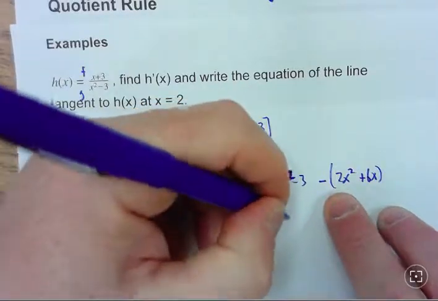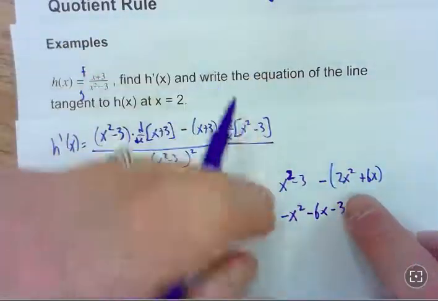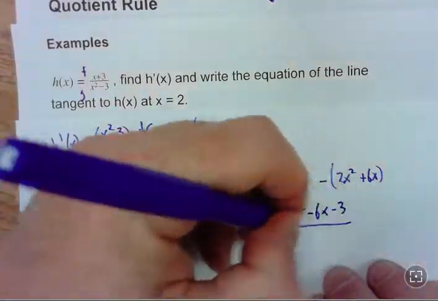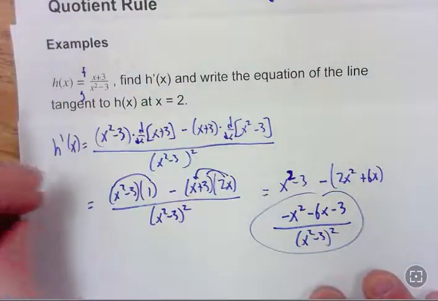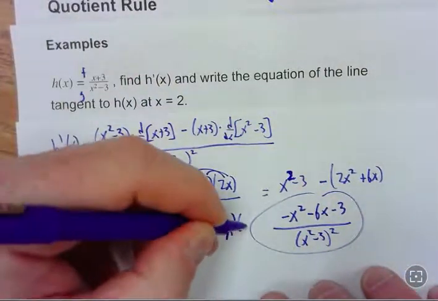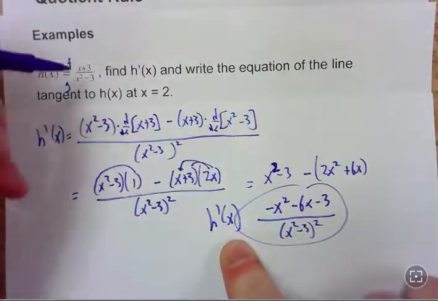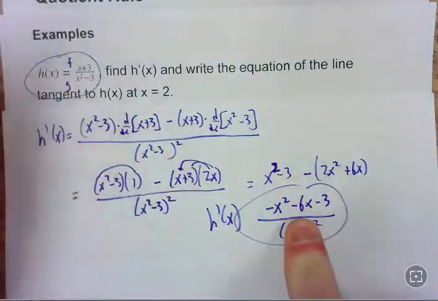So that's going to be minus x squared minus 6x minus 3, right? 1 minus 2 is negative 1, negative x squared, negative 6x, minus 3, all over x squared minus 3 squared. So that would be the derivative. That would be the instantaneous rate of change of this function h at any x.